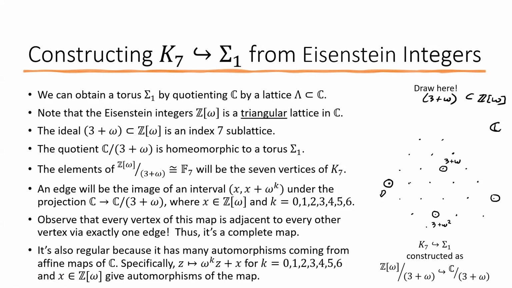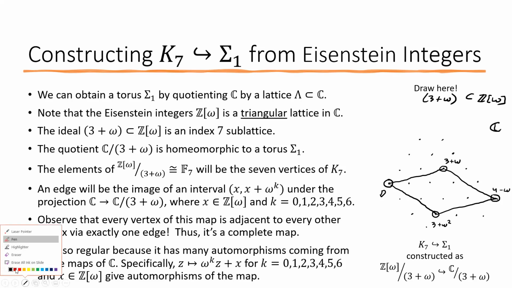And what point is this? This is 1, 2, 3, 4 minus omega. So it's not too important what the coordinates are, but this is a fundamental domain for my sublattice. And it's a parallelogram. And inside of it, you see there are 6 points in the interior.